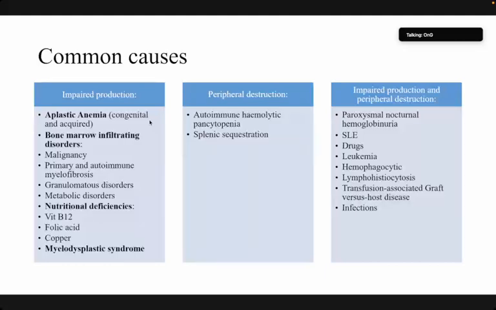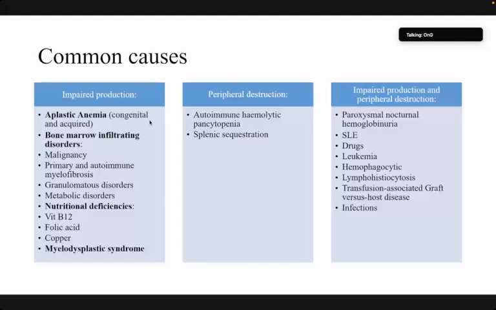So this lists the common causes. So in terms of impaired production, aplastic anemia can be congenital and acquired, bone marrow infiltrating disorders, which includes malignancy, primary and autoimmune myelofibrosis, granulomatous disorders, metabolic disorders. Also includes nutritional deficiencies, which is vitamin B12, folic acid, and also copper, and myelodysplastic syndrome.